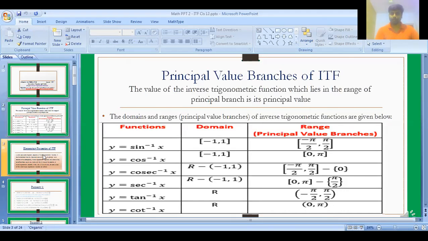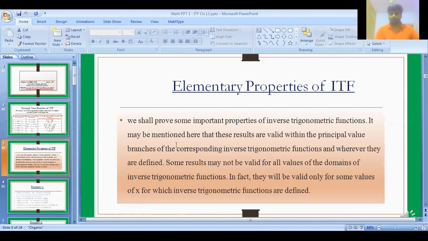Now, the elementary properties of different inverse trigonometric functions. We shall prove some important properties. It may be mentioned here that these results are valid within the principal value branches of the corresponding inverse trigonometric functions and wherever they are defined. Some results may not be valid for all values in the domains of inverse trigonometric functions.